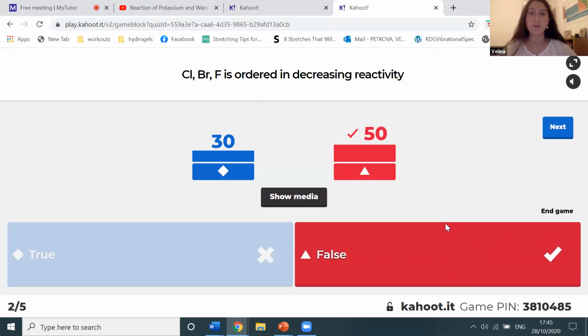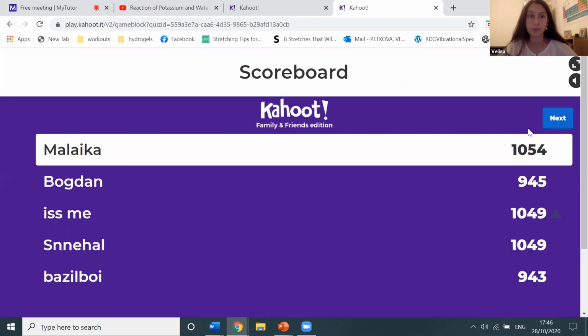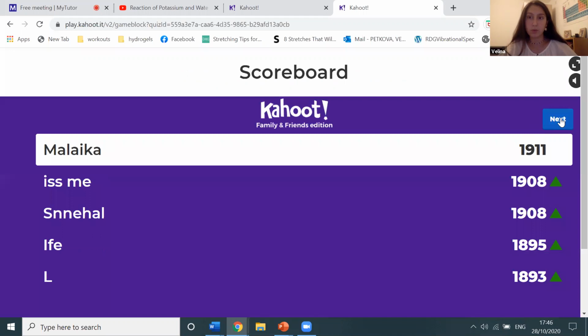Well done to everyone who put false. So the reactivity is decreasing from chlorine to bromine because that is going down the group. But fluorine is actually at the front of both chlorine and bromine. So down group 7, we go fluorine, chlorine, bromine. Therefore, fluorine is the most reactive. And so that order is not correct. Well done to you all.